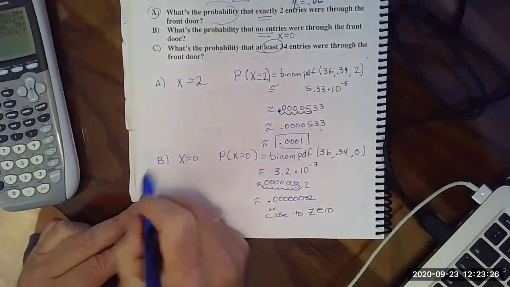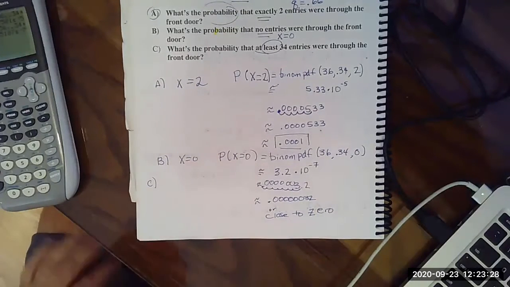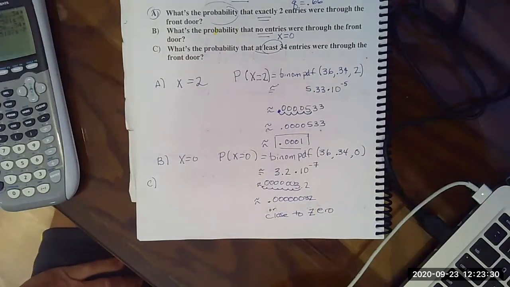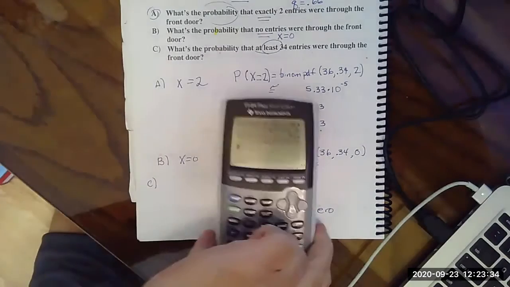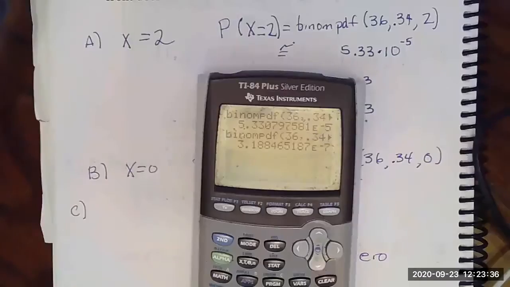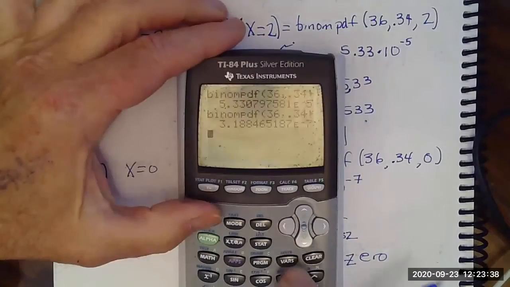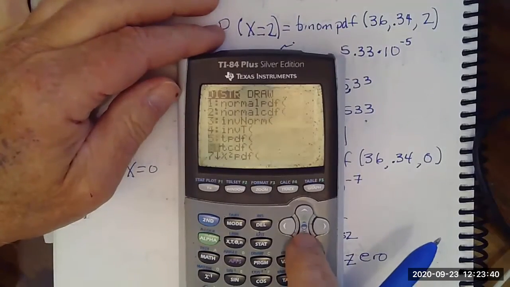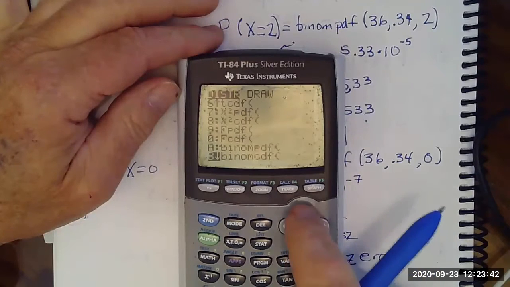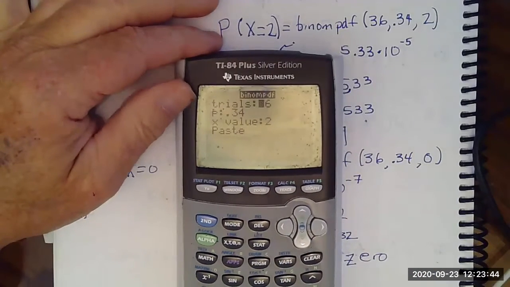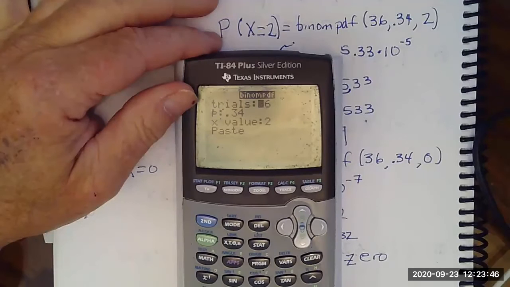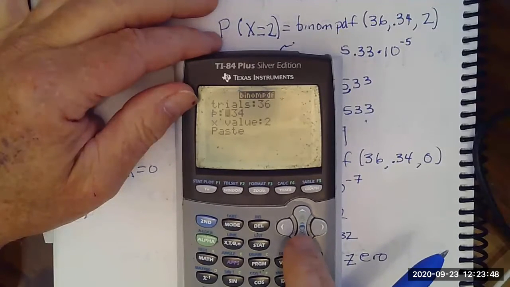Okay, the letter C. Jeff, I have a question. Yes, go ahead. On the input in the calculator, I am getting to where it says trials, n, p, and X value. I am assuming that for B, trials is 36, p is 0.34, X value is 0.